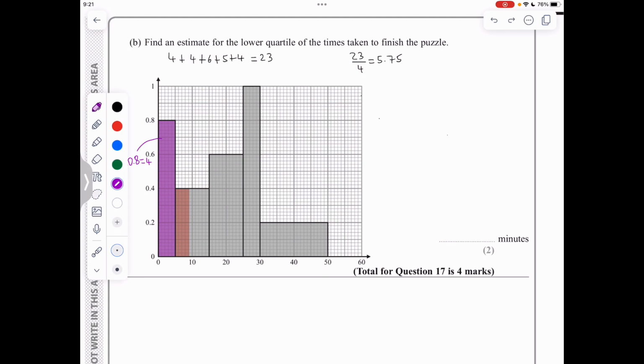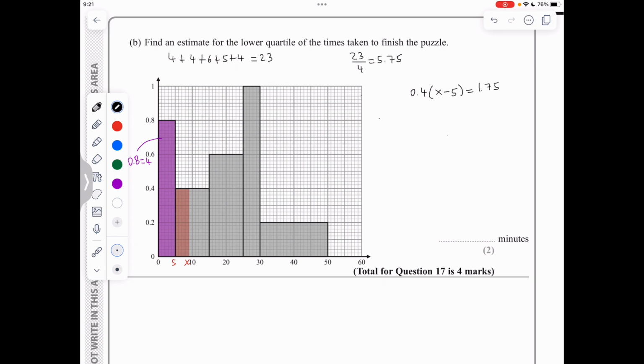So I will start by scaling this. This is 5, and I will call this point x, and in other words, it all boils down to me finding the value of x such that this here will be 1.75. So we've got 0.4, which is the height, times the width, which is x minus 5, is equal to 1.75.